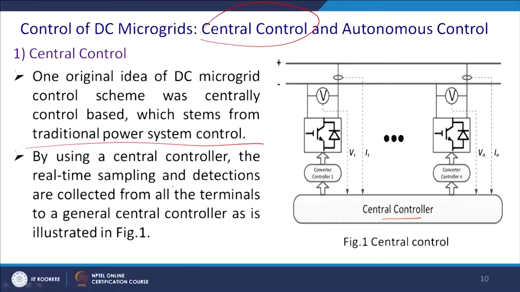So, you have a good time to react till it goes to the peak, and by that time you should be able to react. But that kind of aspect naturally does not exist in the case of the DC microgrid, and for this reason we require a very fast channel of communications.